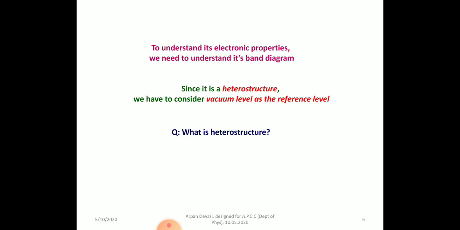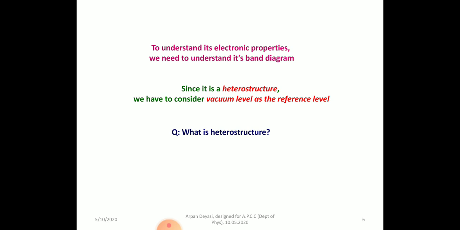So the question will be, we have to understand the electronic properties of this capacitor, how it really behaves. And from our undergraduate level course, we know that if we have to learn its electronic properties, we have to understand its band diagram very carefully. And remember again, MOS is a heterostructure. The question will be why it's a heterostructure?